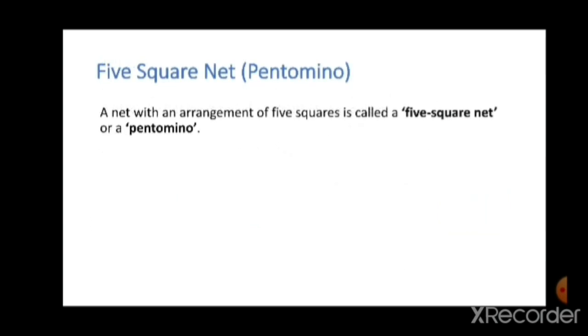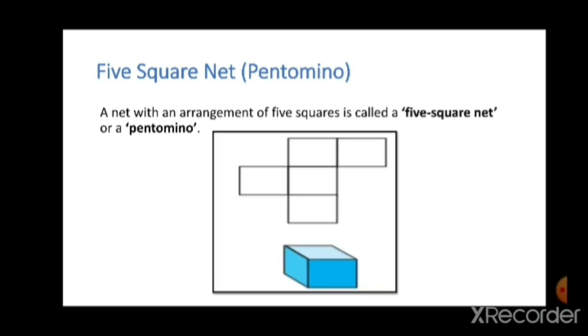And last but not the least, 5 square net, that is Pentomino. A net with an arrangement of 5 squares is called a 5 square net or Pentomino. Here in this figure, they have shown you a net of 5 squares. If we join these 5 squares, you will get a 3D object, a box.